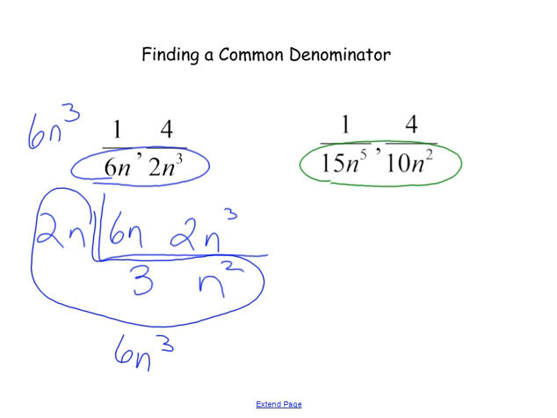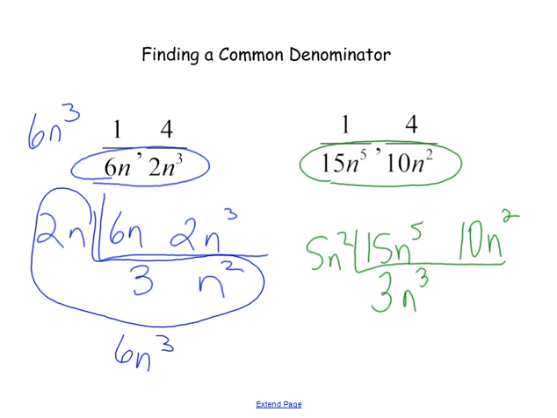So what do they have in common? 5n squared, leaving us with the rest, and so if we multiply all three of those, we get 30n to the fifth.